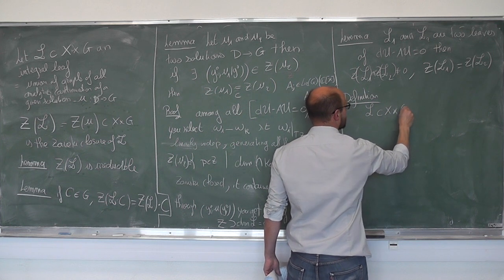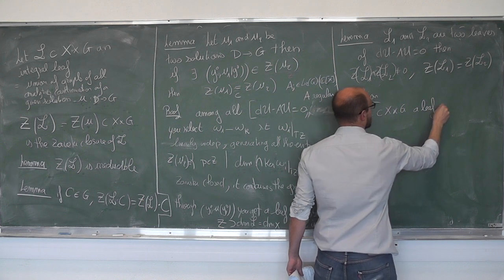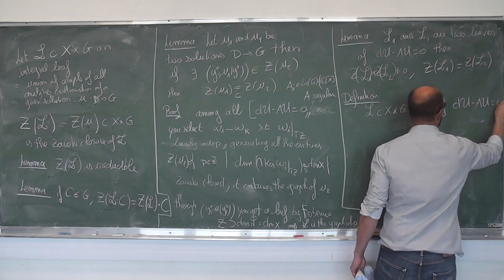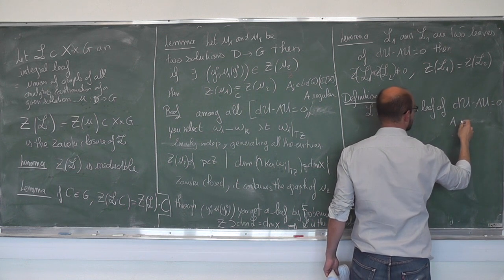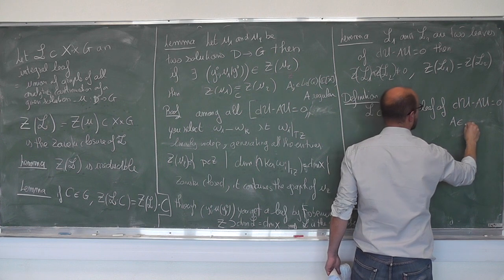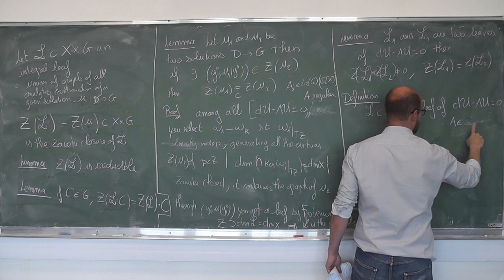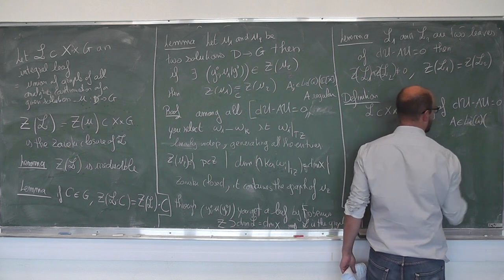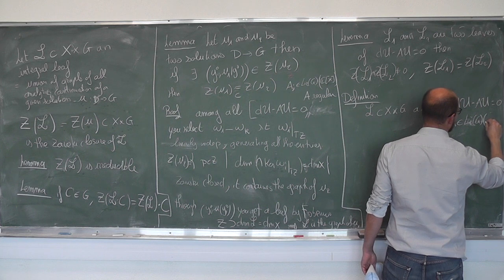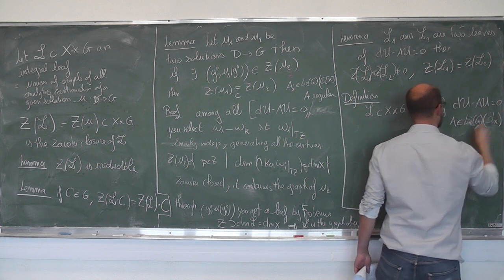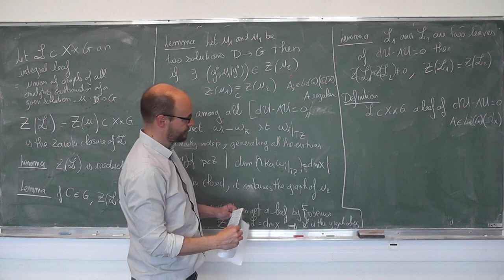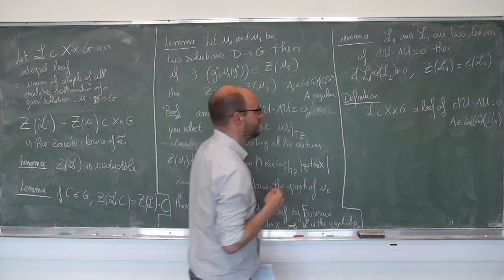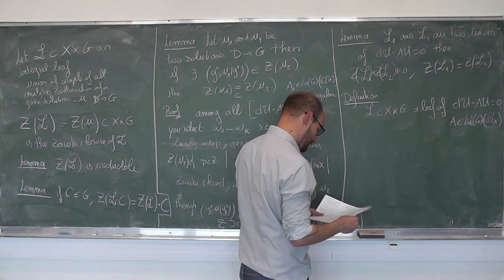And here is a leaf of du minus au equal to 0, where A is the canonical one form, which is a matrix of regular one form on X.